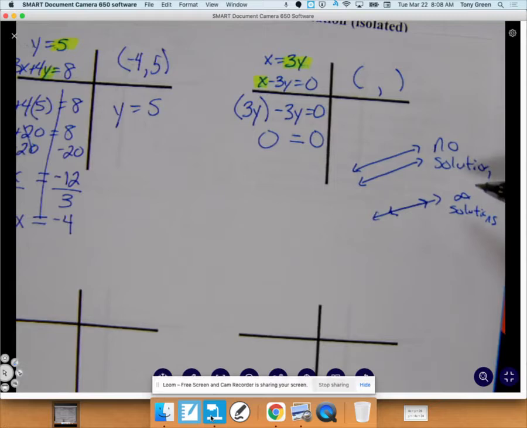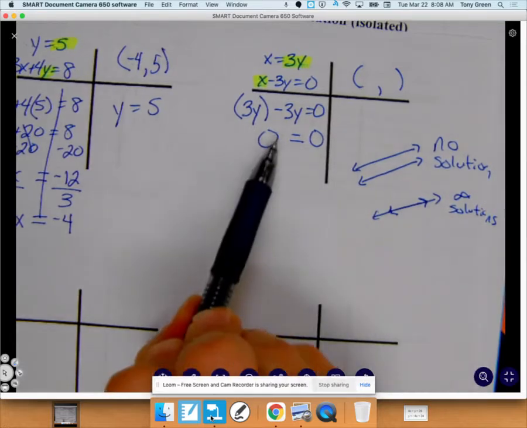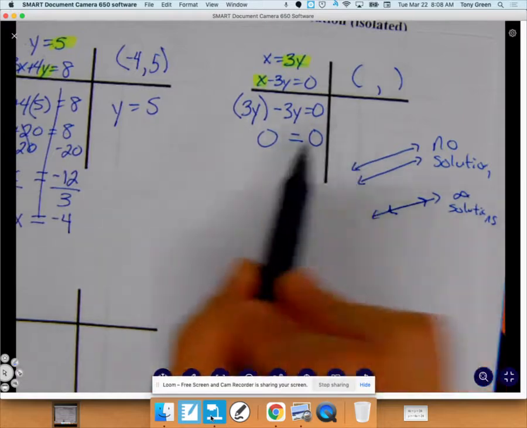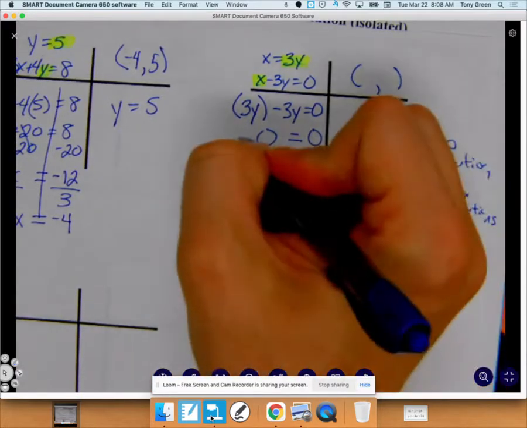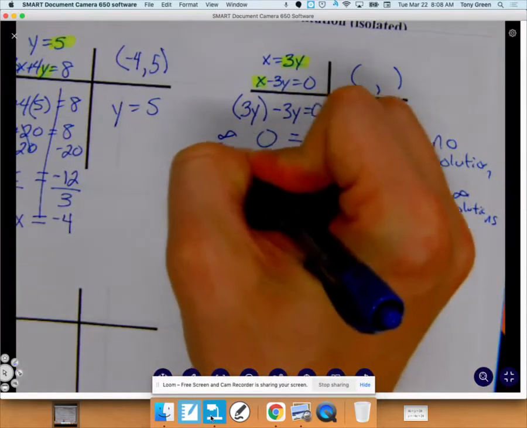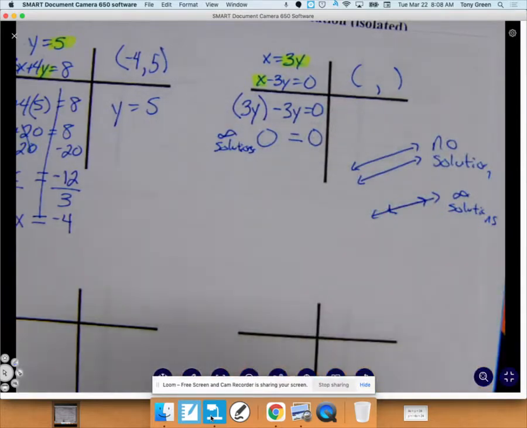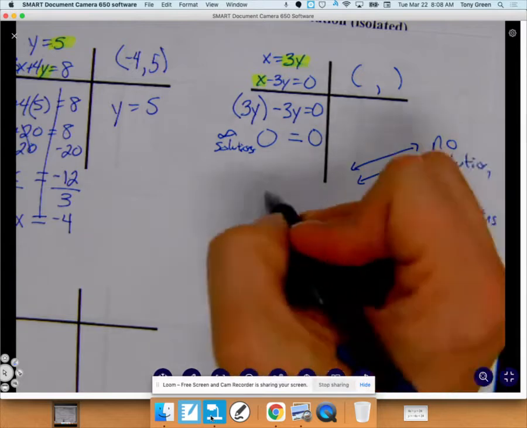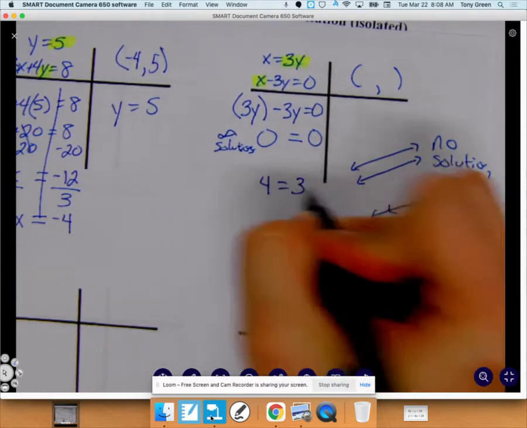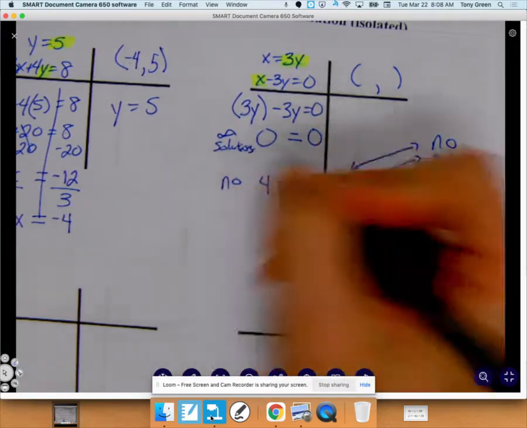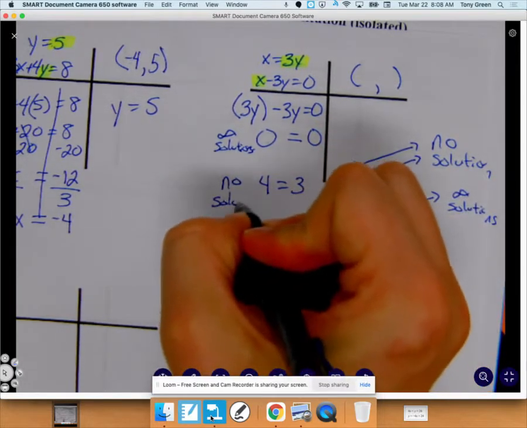Okay. Now, if you come across this where both variables cancel out, if this is a true statement, that is going to be infinite solutions. Like 0 equals 0 or 3 equals 3. If it's an untrue situation, like 4 equals 3, because 4 does not equal 3, that's false. So there is no solution.